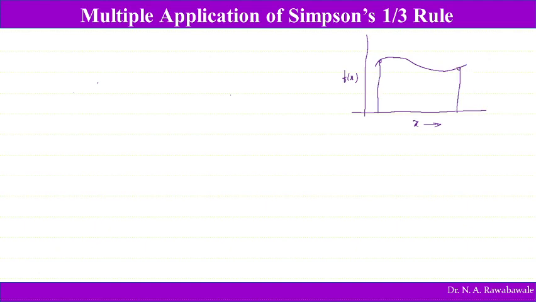In order to find the area between a to b, we integrate this function f of x in the limits a to b. In simple Simpson's 1/3 rule, we divide this complete range into 2 segments or 3 points. But in multiple application of Simpson's 1/3 rule, this is divided into n number of small segments, and the area of each segment is obtained.